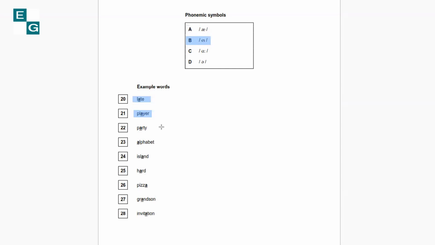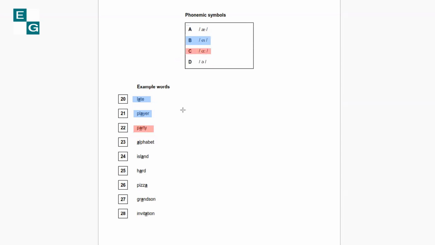Then we have number 22. The word is party, in which I try to make a long vowel here, which is R for paw.